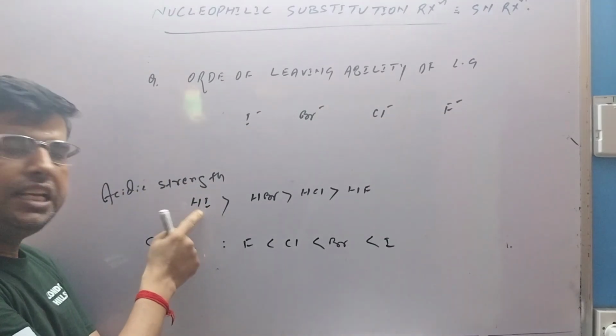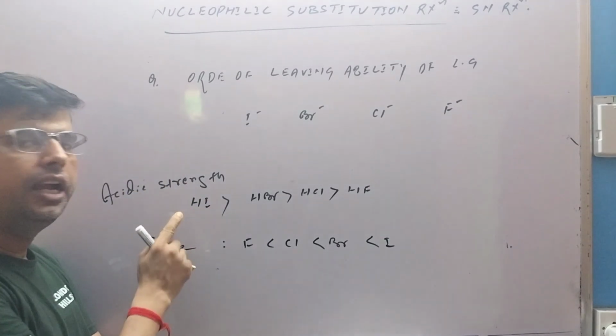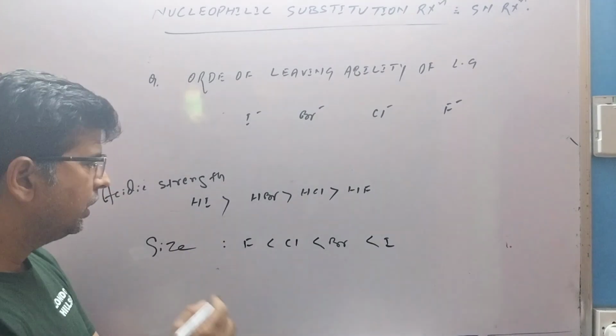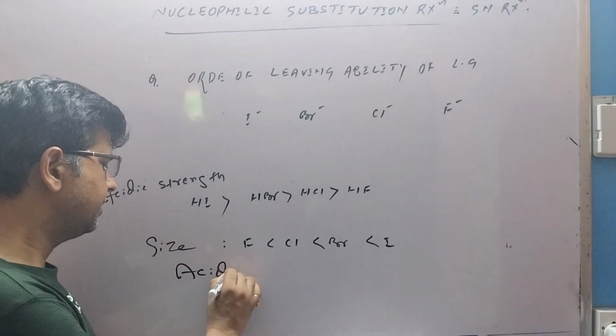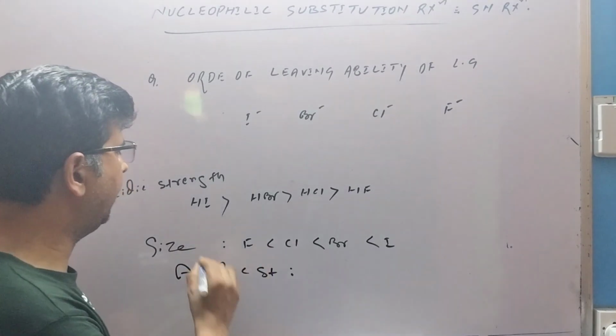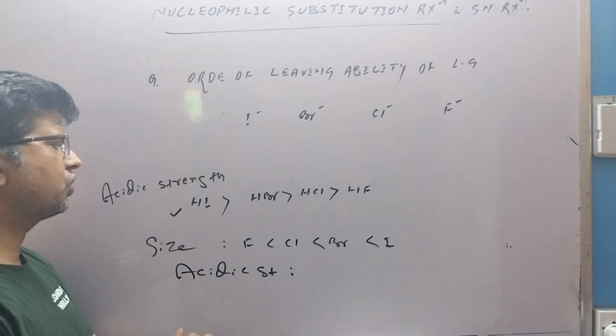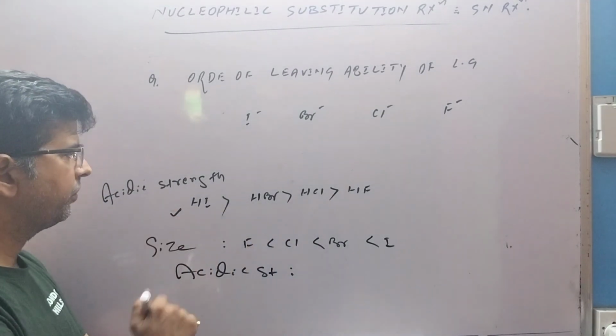Those which easily give H plus ion are much more acidic. So HI is the strongest acid among these.